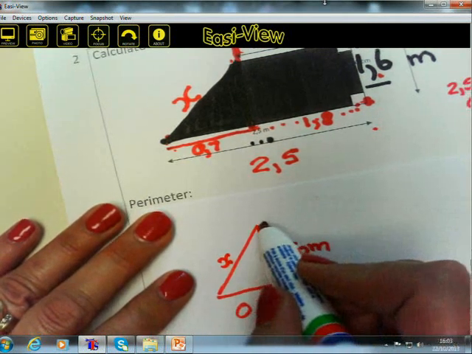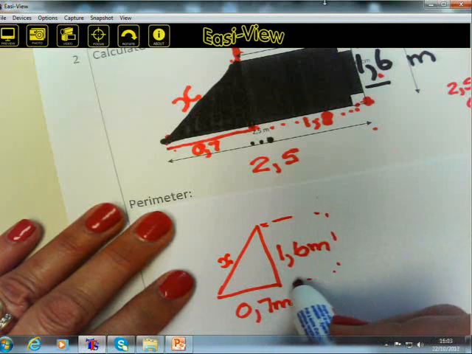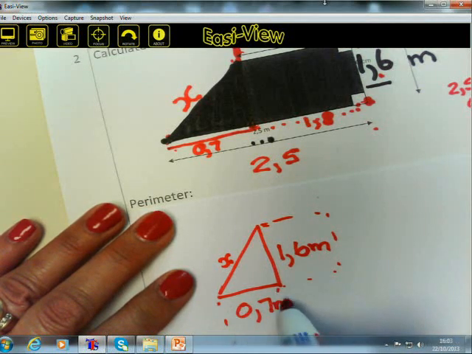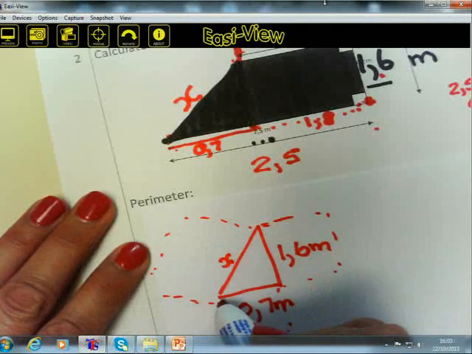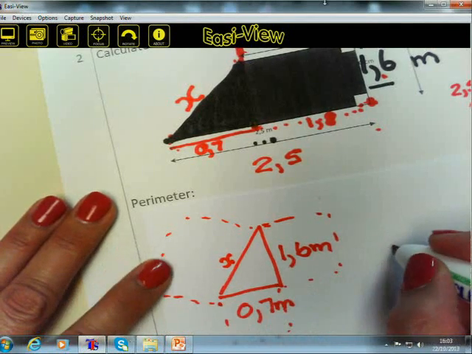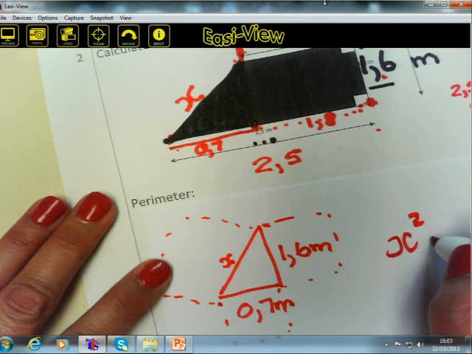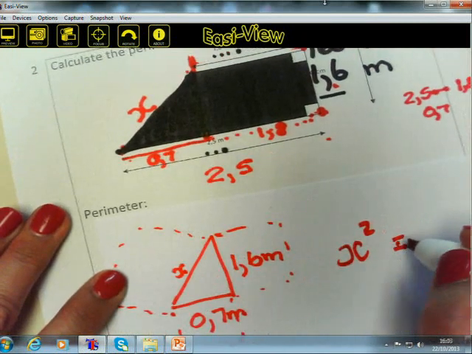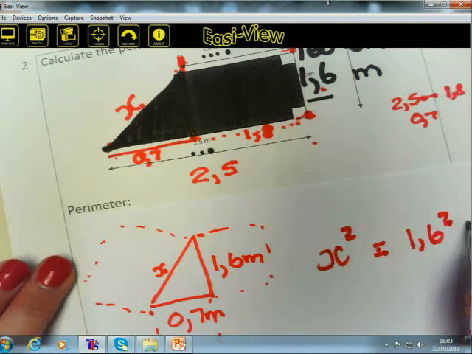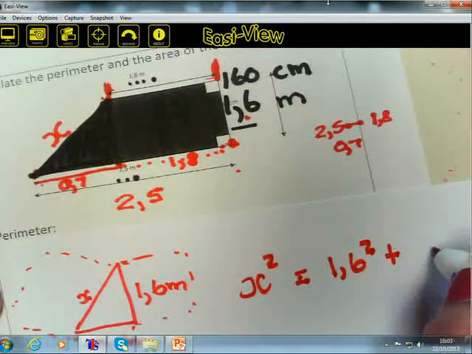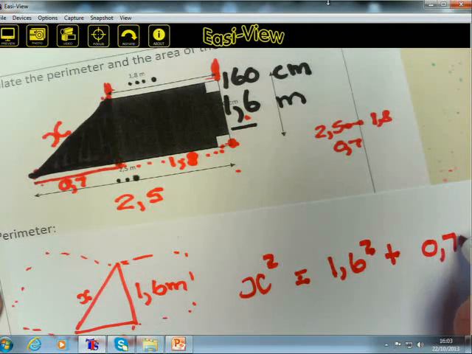So if I get the square on this one, on this side, and the square on that side, it will be equal to the square on this side. How do we write it? x squared is equal to 1,6 squared plus 0,7 squared.